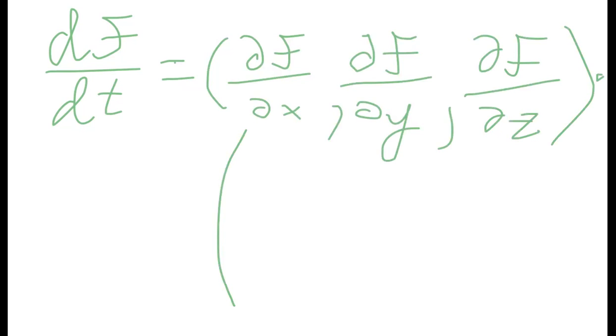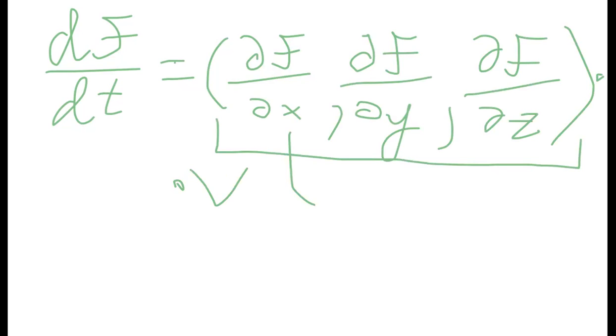Let me undo this and just write it as dot v. So basically the idea is we look at how f depends on each of these elements, and then we look at how it applies to v.